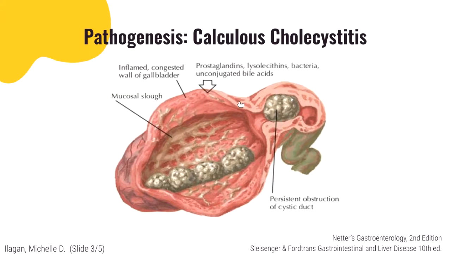It generally occurs when a stone becomes embedded in the cystic duct and causes chronic obstruction, rather than the transient obstruction as seen in biliary pain. Stasis of bile within the gallbladder lumen results in the damage of the gallbladder mucosa, with consequent release of intracellular enzymes and activation of a cascade of inflammatory mediators. This would lead to the distension of the gallbladder, and as the gallbladder becomes distended, blood flow and lymphatic drainage are compromised, leading to mucosal ischemia and necrosis.